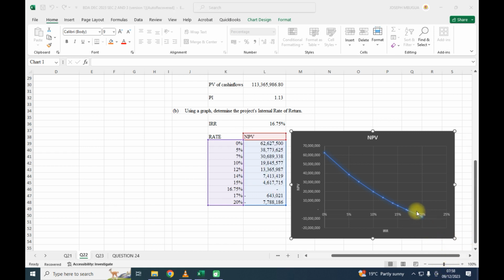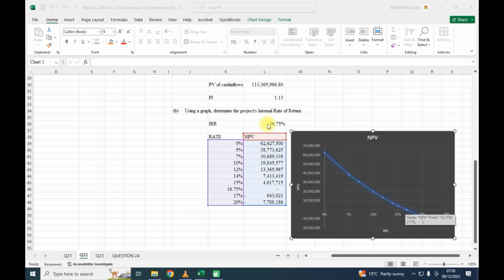So we needed a point where the IRR is, so that is at 17. Yeah, you can see this one at 17 is where we are having 0, approximately 17, where NPV is 0. Yeah, when NPV is 0.